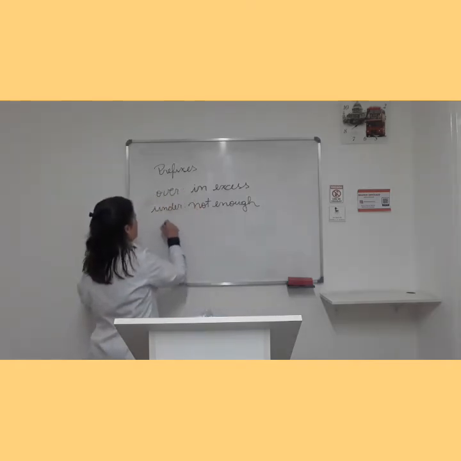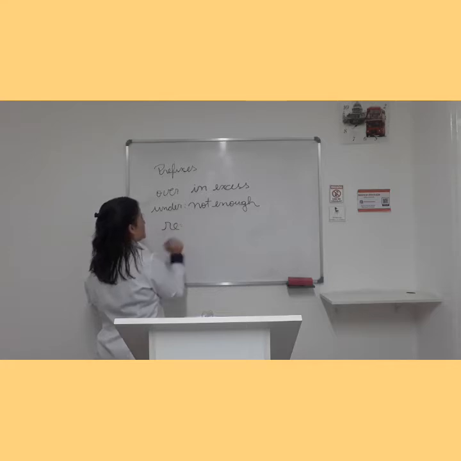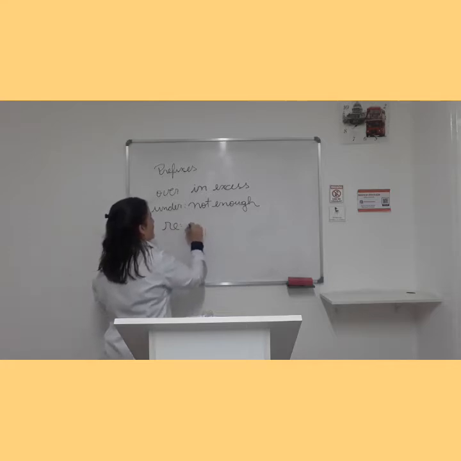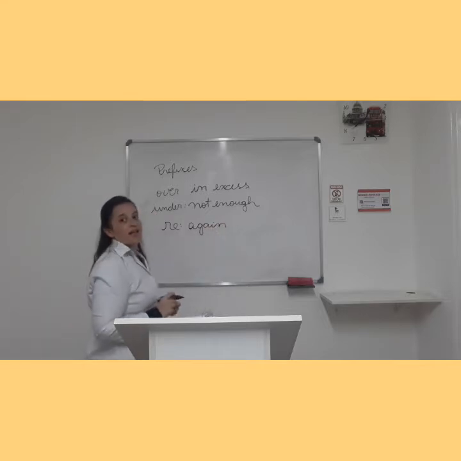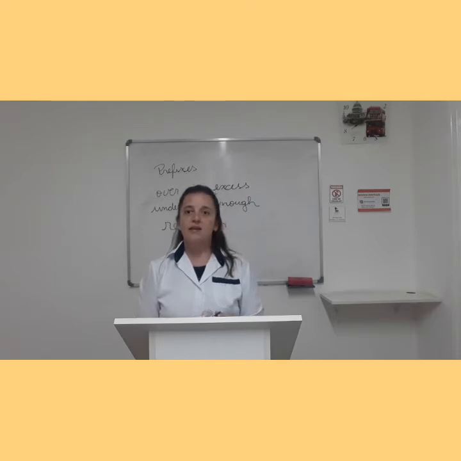So the prefix re means again. Okay? For example, if you will write a text to me and it isn't good enough, I can ask you to rewrite it for me. So to write it again.